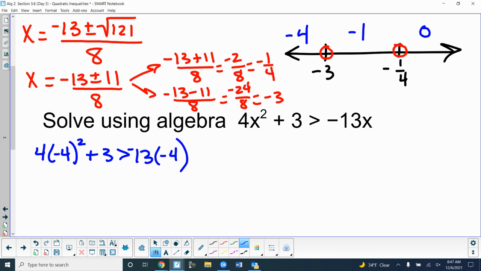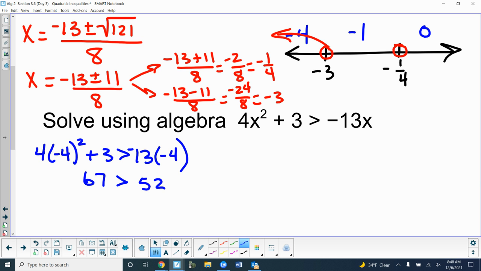So -4 when I square it is 16 times 4 is 64 plus 3 is 67. -13 times -4 is a positive, what is that, 52? Is that true? Yeah, that's true, right? So I'm going to draw an arrow towards the -4. Okay?